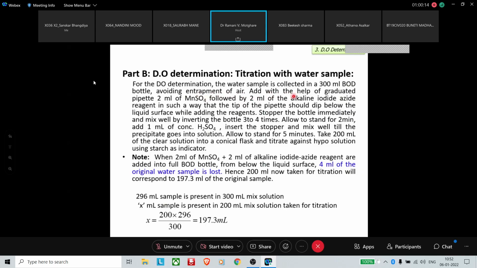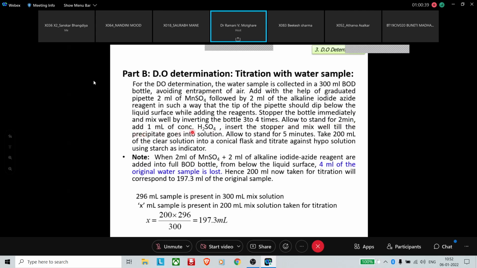Add with the help of graduated pipette 2 ml of MnSO4 followed by 2 ml of alkaline iodide reagent in such a way that the tip of the pipette should dip below the liquid water surface while adding the reagent. Then stopper the bottle immediately and mix well by inverting the bottle 2 to 4 times. Then allow to stand for 2 minutes.